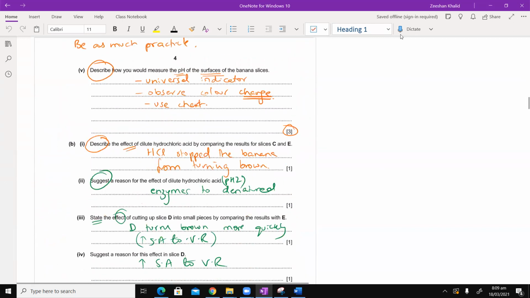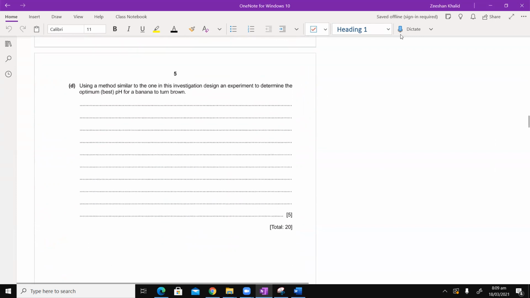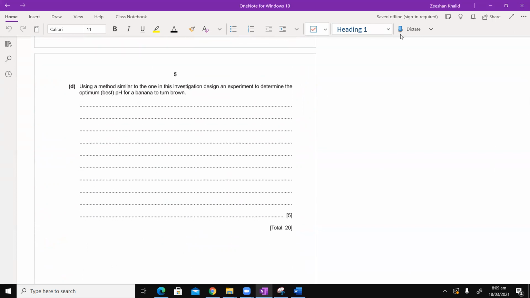Okay, now what he's saying is, using a method similar to the one in this investigation, design an experiment to determine the optimum best pH for banana to turn brown. Acha.